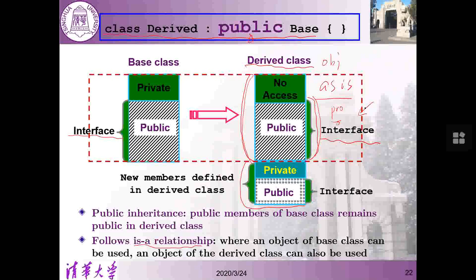So in that case, this object cannot look like the base object, right? Only public inheritance follows the is-a relationship. Protected and private inheritance do not follow this is-a relationship.